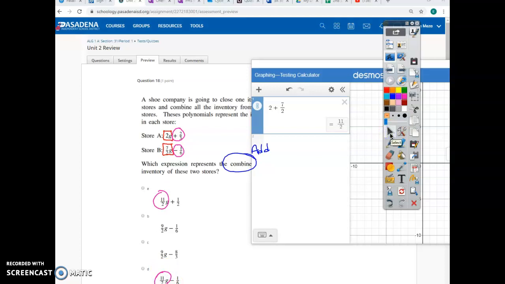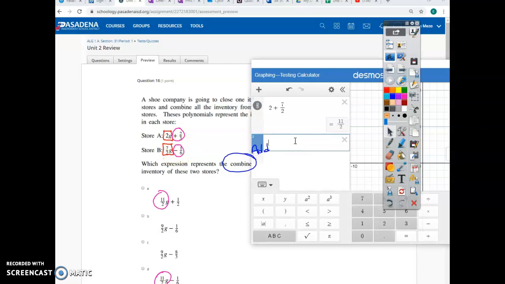And then we do the other one, 2/3 plus a negative 1 over 6. So 2/3 plus, hold on.